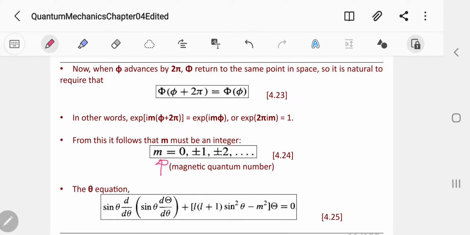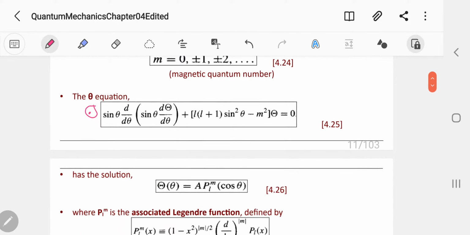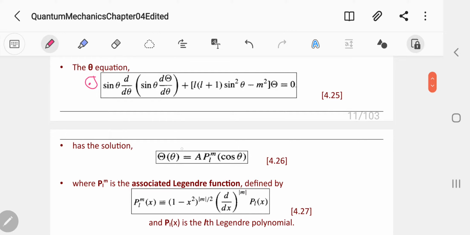For the theta equation, you have this expression. And the solution for this is of this form. You can review your electromagnetism and check that the solution of this differential equation is an associated Legendre function.